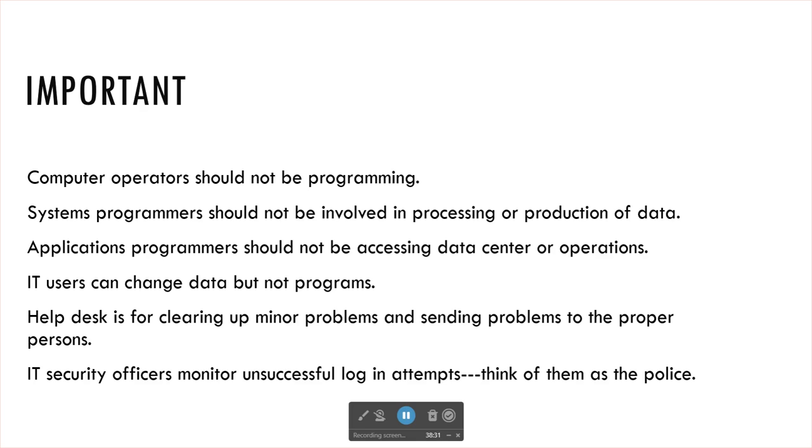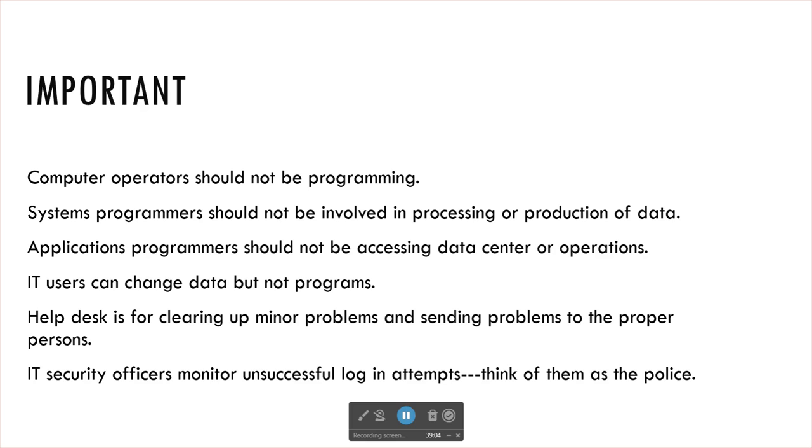So there's a big fraud problem if you have the day-to-day operations and programming combined. You can program things in there and then run them when they won't be detected. Another problem is to think about the police. You don't want the police, the IT security officers, to be doing programming either, because you're really looking at them as being the ones that are policing what's happening.